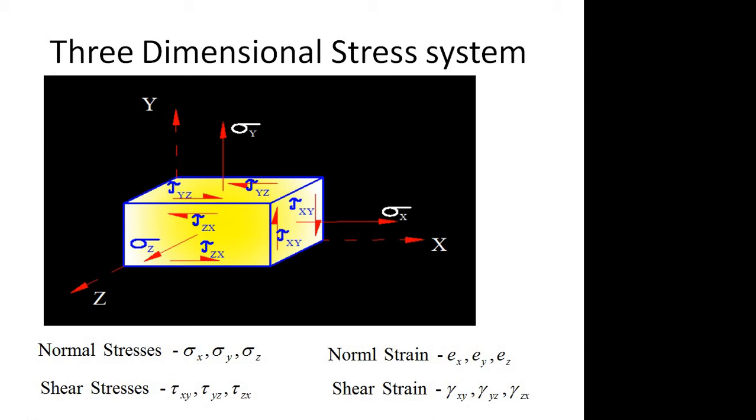We have to clear one thing. Say we are applying only a load along the x direction. As a result, we know a tensile stress will be acting along the x direction.